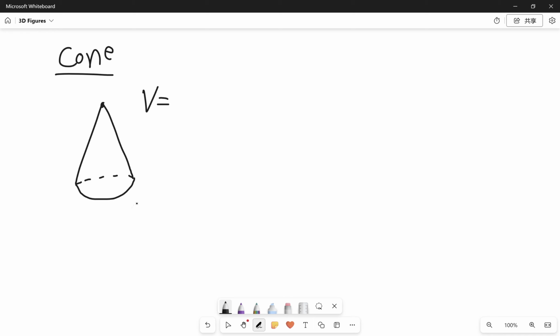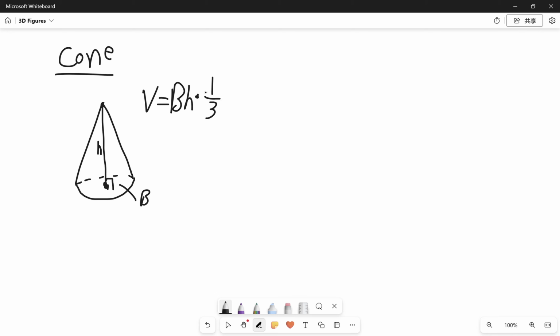The volume of the cone is, well, so this is the base, and this is the height. So that's the center of the circle, that's the height. So base times height, well, that's obviously not correct, that's the volume of a cylinder.